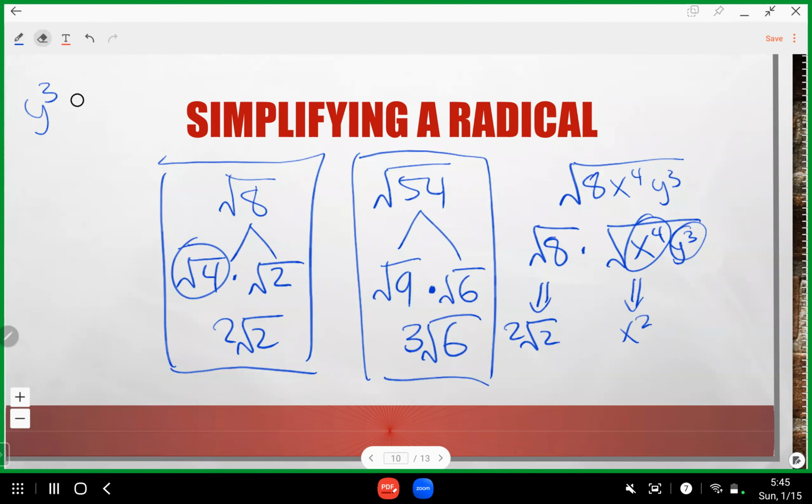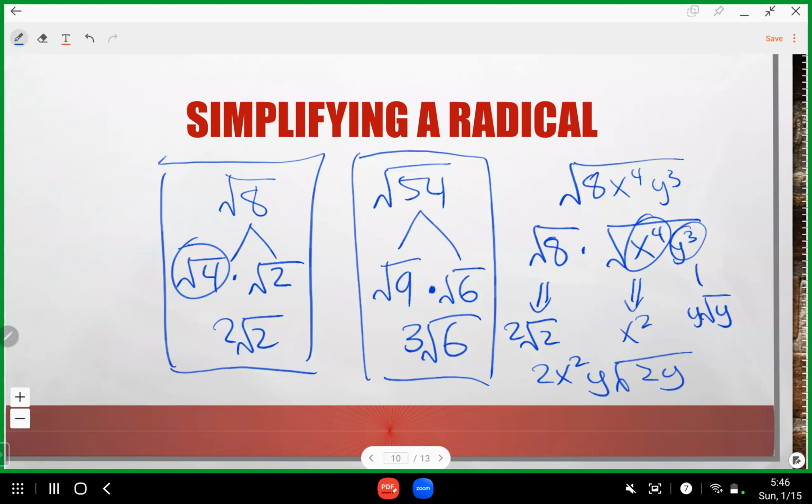So if you look at this, the square root of y cubed is actually going to be equal to the square root of y times the square root of y squared, which is just going to be equal to y times the square root of y, because the square root of y squared is just y. Now that we've got that figured out too, you just combine the ones that are not in the square roots together, 2x squared y, and then combine the square roots together. It's just going to be 2 times the square root of 2y. This is very simple stuff.